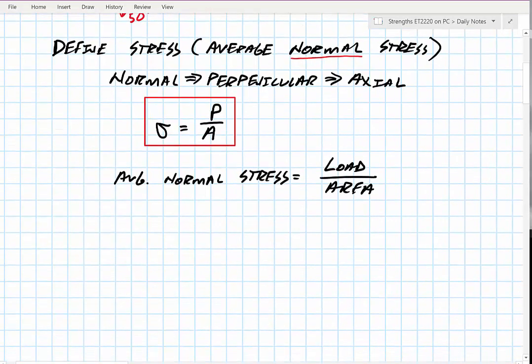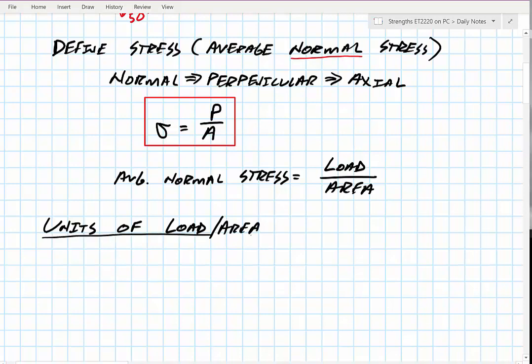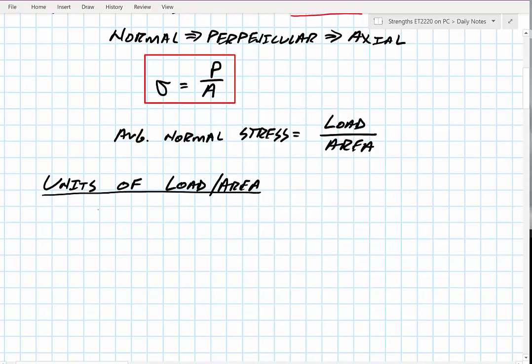And we have to take a minute here and talk a little bit about units, because units become really complicated for some reason for students in strength and materials. If we look at our general units of load over area, and looking at our standard units, or US imperial units, what we see is our standard units would be a pound force over square inches.